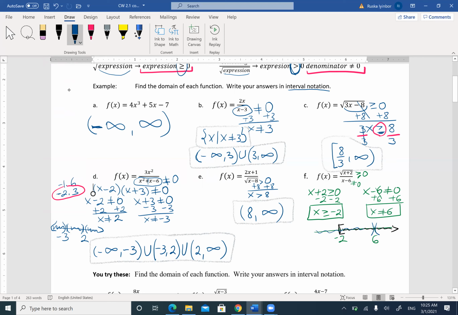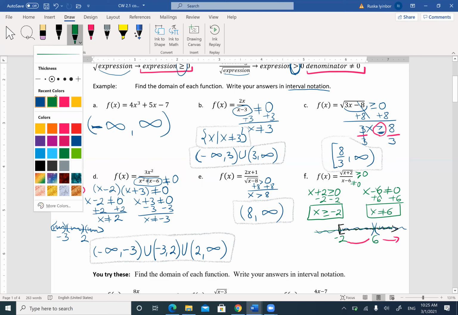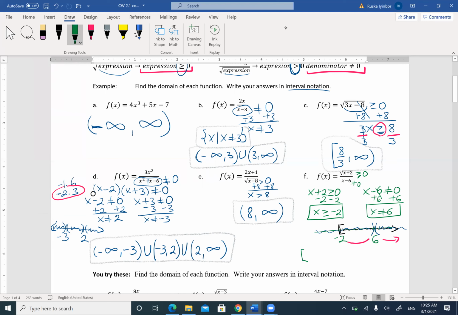So where the two solutions intersect, my final solution is going to be from here to here and from here to here, right? So my final answer for the domain is going to look like this: bracket, negative 2, 6 with parentheses, union 6 to infinity. Okay? So that's how you find the domain of functions. Any questions?